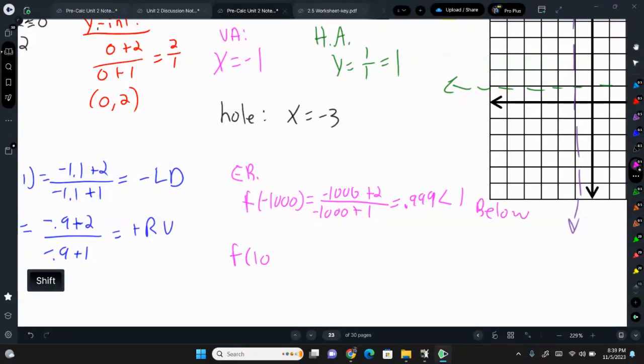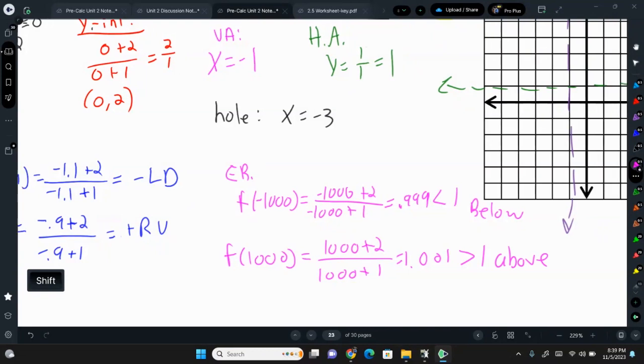And then f of 1,000 is going to be 1,000 plus 2 over 1,000 plus 1, which is equal to 1.001, which is greater than our asymptote, so above.